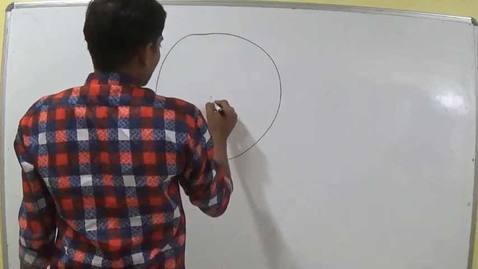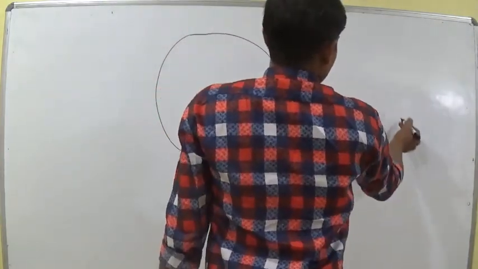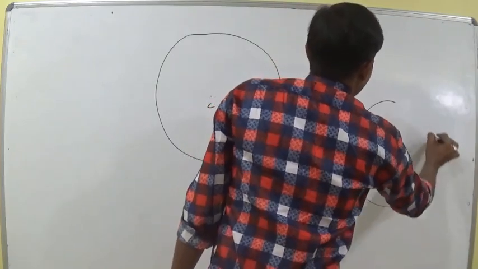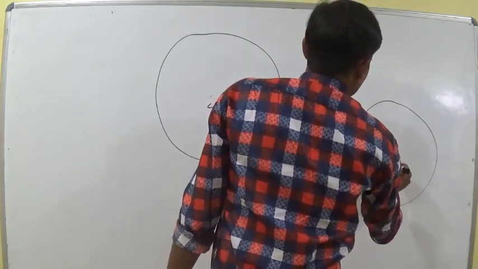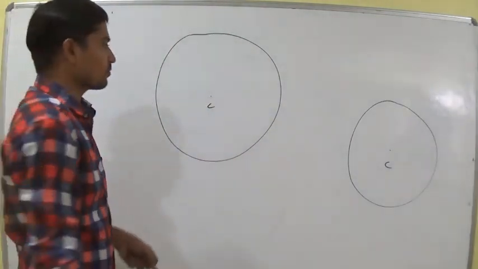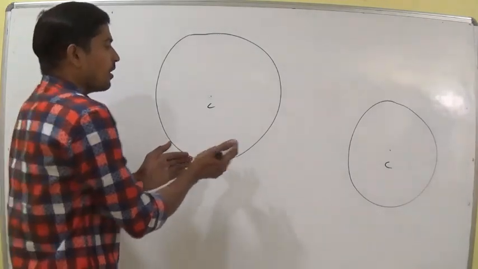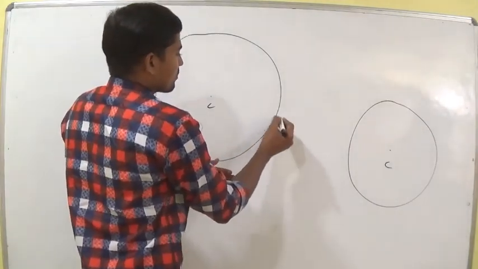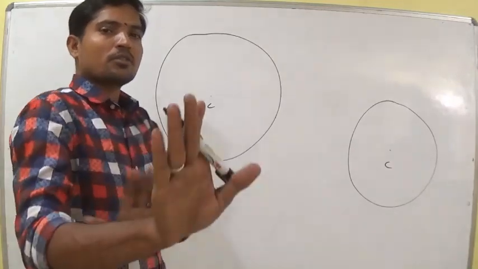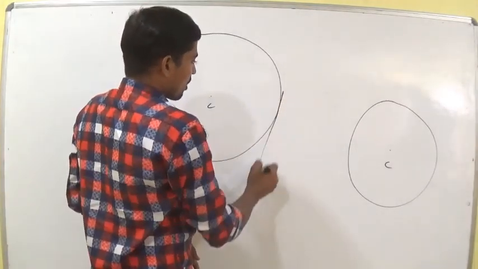Circle, center C. S is equal to 0. See, if P is on a circle, it becomes a tangent.